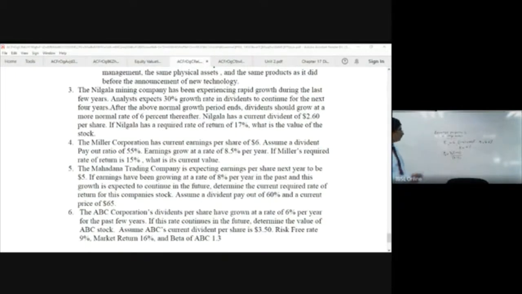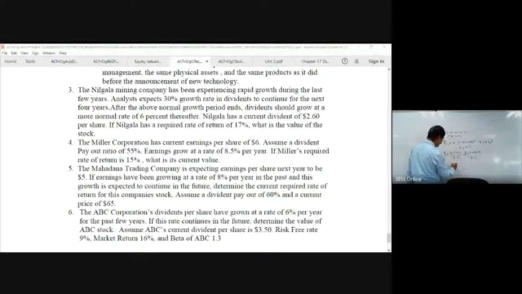So therefore, D0 is equal to E0 into 1 minus B. Now we can replace D0 with E0 into 1 minus B, divided by K minus G. Now we will put the figures for this.